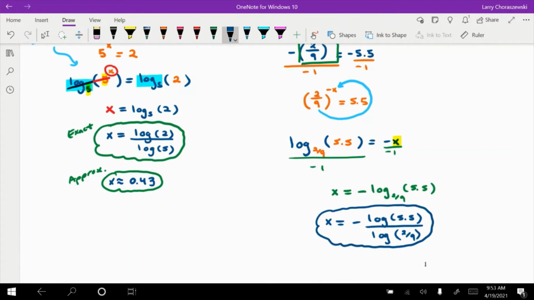All right, so that would be an exact version of x. An approximate answer for x would be 1.13. Yep, I used the change of base formula.